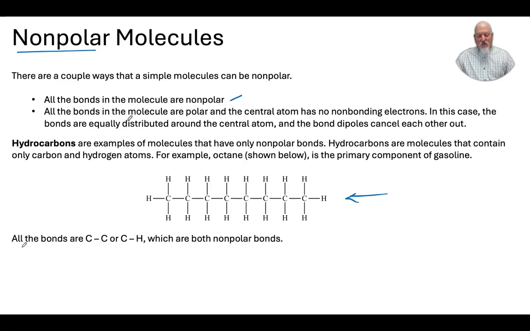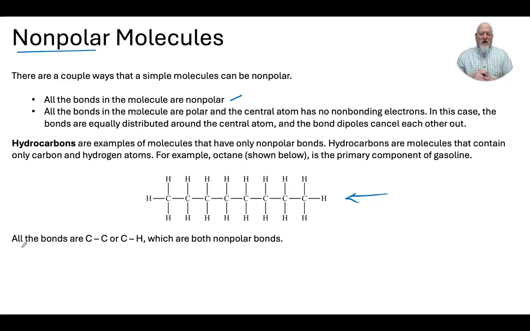The second way this happens is all the bonds in the molecule are polar, and the central atom has no non-bonding electrons. So let's think about that for a minute. We have polar bonds, but the central atom only has bonding groups, no non-bonding groups. That means the bonding groups are equally separated around that central atom.